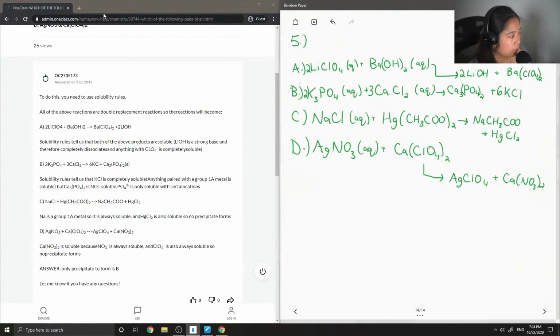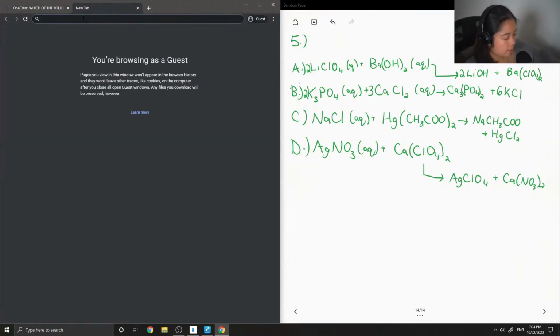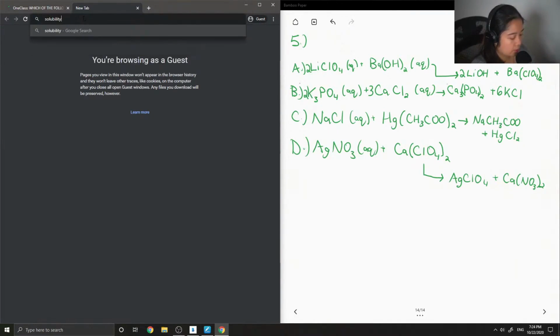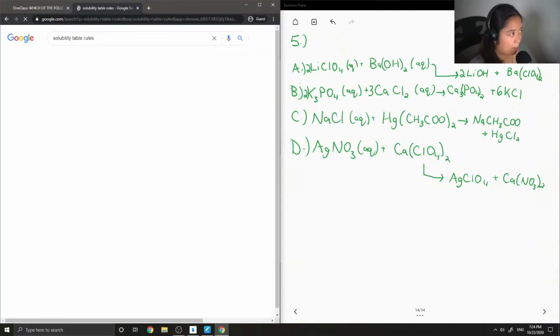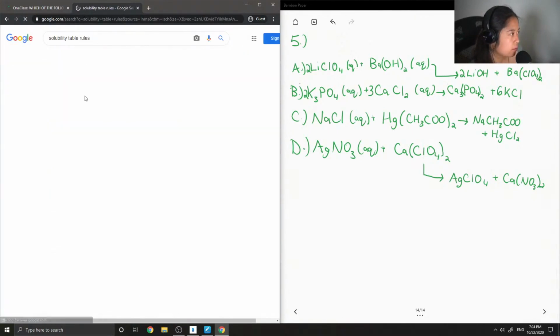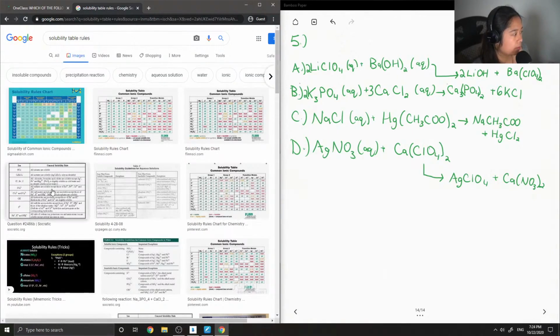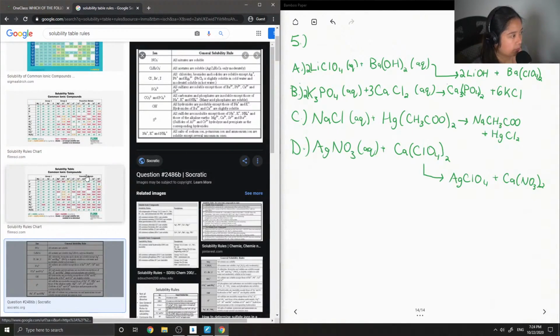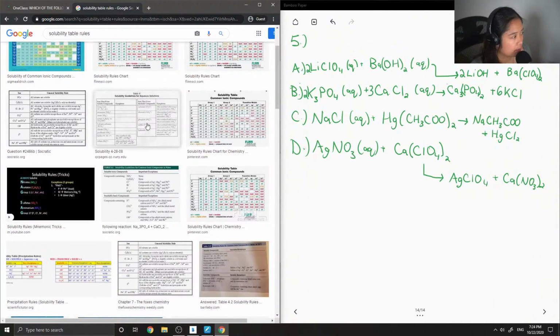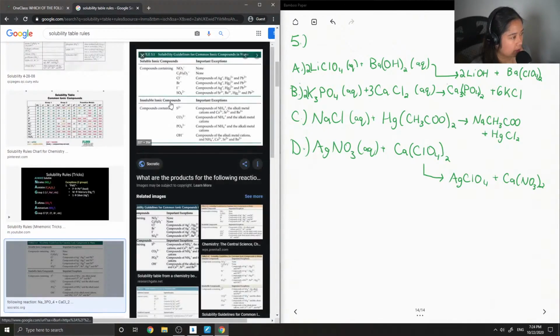Okay, so before we answer it, I'm going to look up the solubility table rules. So usually this is given in like a midterm or a test.